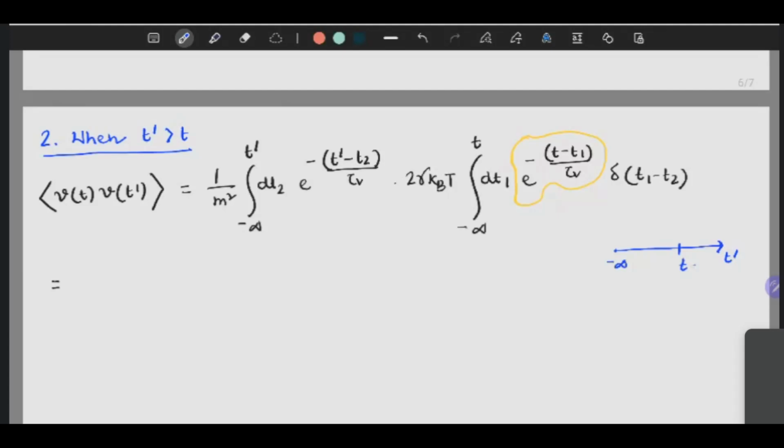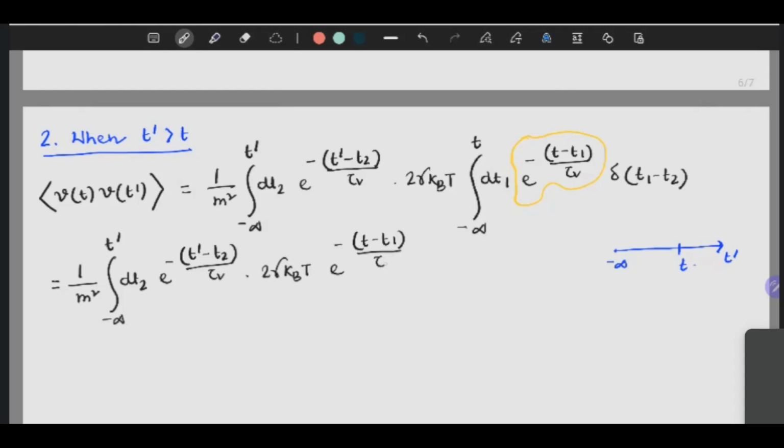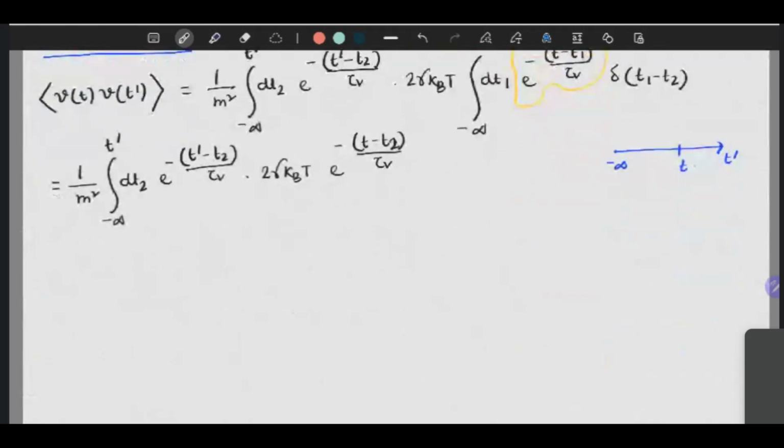Okay. So for this, it becomes 1 by m squared, minus infinity to t prime dt2 e to the power minus (t prime minus t2) by tau v into 2 gamma kbt into e to the power minus (t minus t1) by tau v. Now t1 will be replaced by t2, so this will be t2. See, similar kind of steps we are taking.